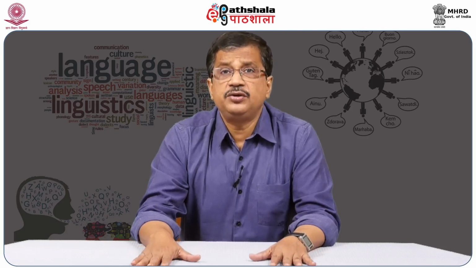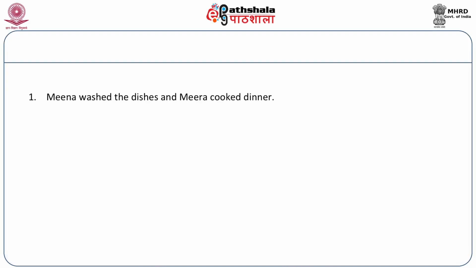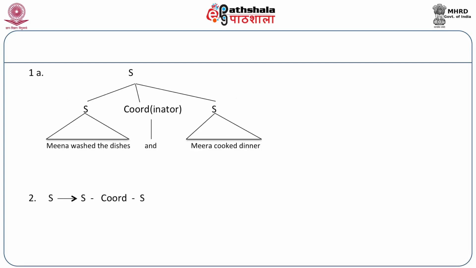Let us now consider coordinate structures. Look at the sentence on the screen. Meena washed the dishes and Meera cooked dinner. In this sentence, we have a coordinator, which is and.